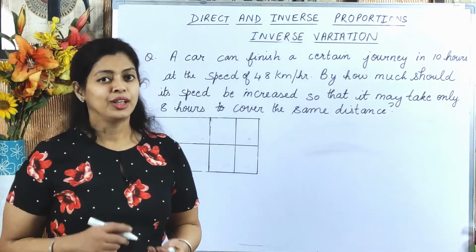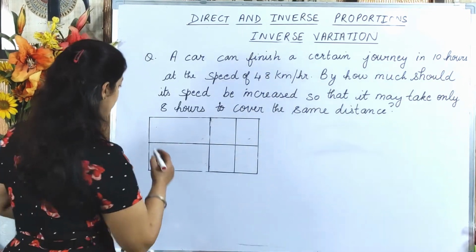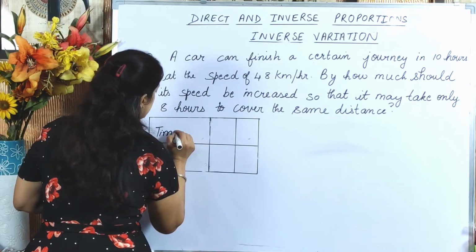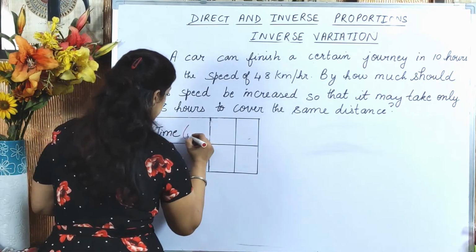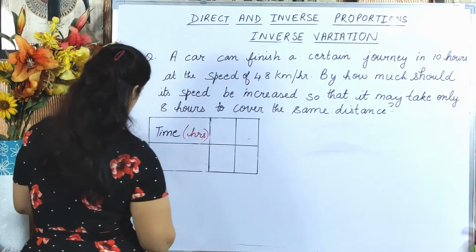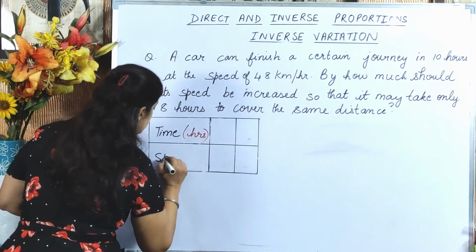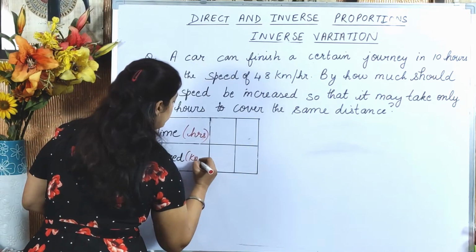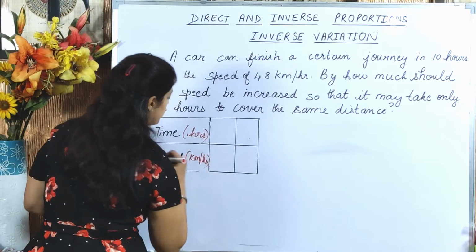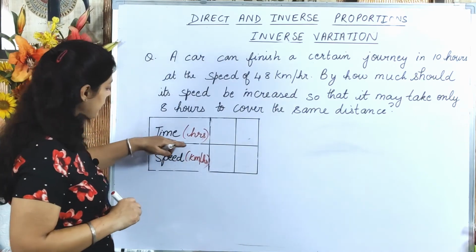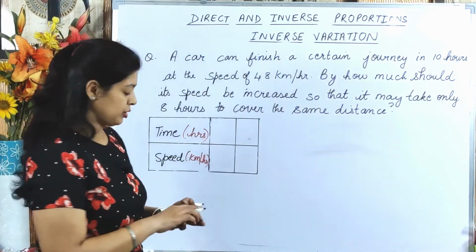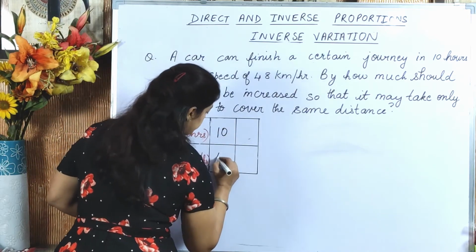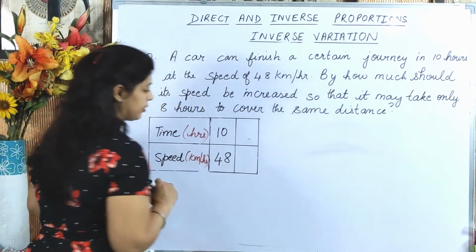So here, the two varying quantities are, first is the time. Time is given to us in hours. And the second is speed. Speed is given in kilometers per hour. Here we don't need to change the units because the time units are in hours. So first the car is taking 10 hours at the speed of 48 kilometers per hour.